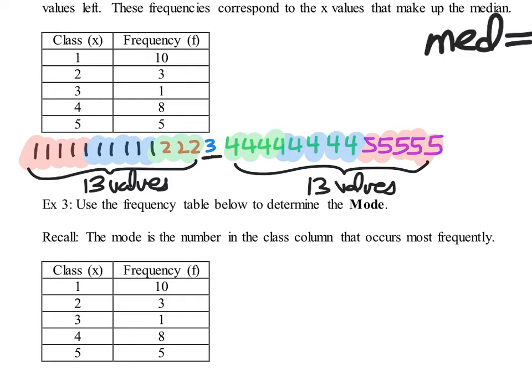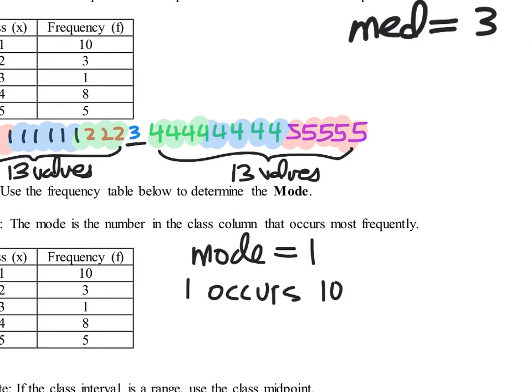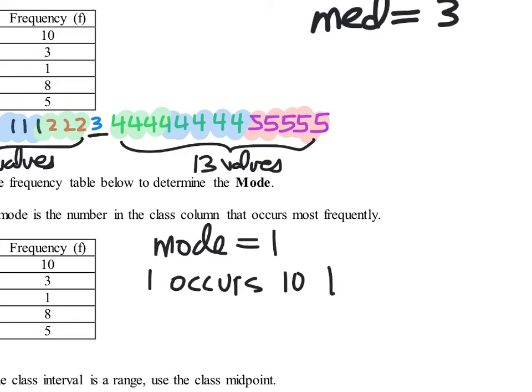So then you're kind of looking at it as like, wait a minute, do I even need a calculator for that? Which number occurred most frequently? 1. All right, so the mode is 1. One occurs 10 times, everything else occurs less.